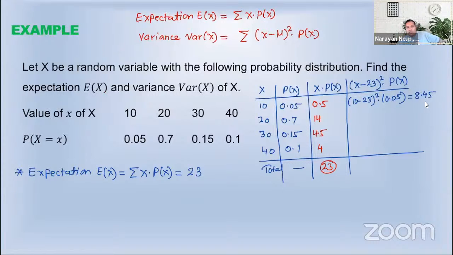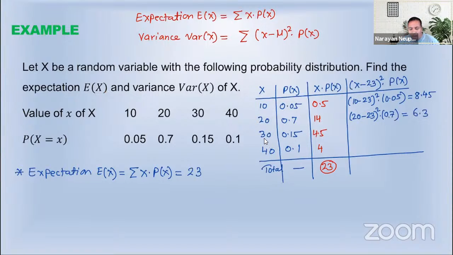Make sure you check it. Similarly, if I go to the second row, the value of X is 20. 20 minus 23 squared times the probability 0.7. If we simplify this using the calculator, it is 6.3.